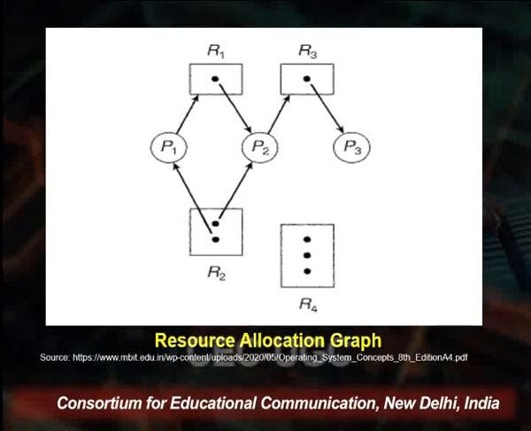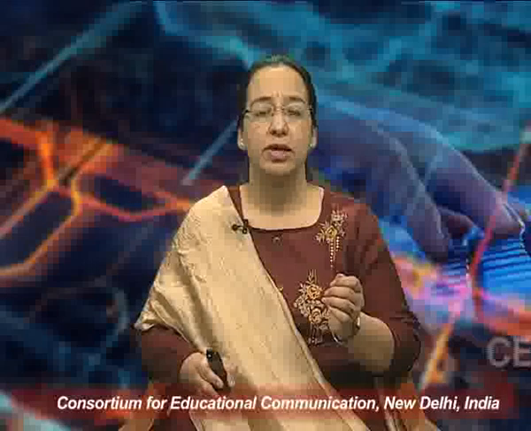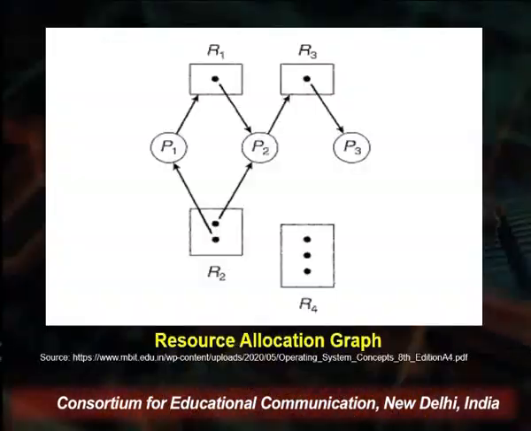In this lecture we have seen the resource allocation graph. What is its significance? As I have told you earlier, this resource allocation graph is a very important tool in helping us with the detection of deadlocks.